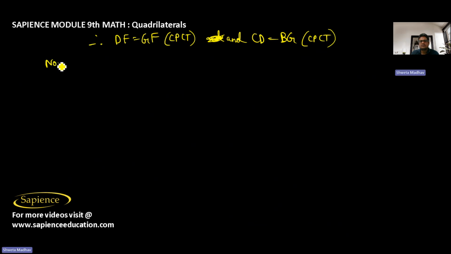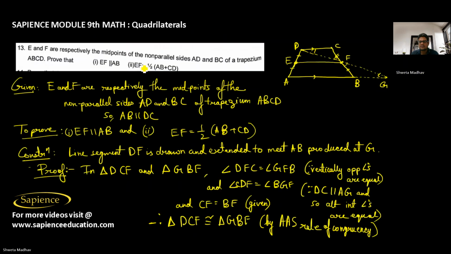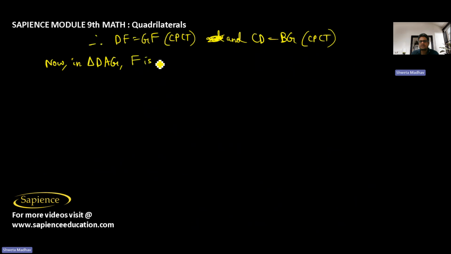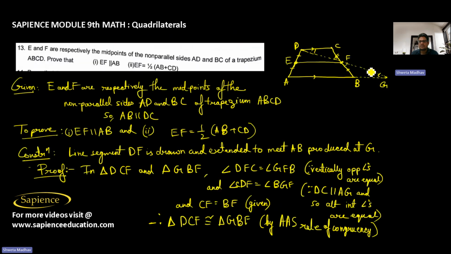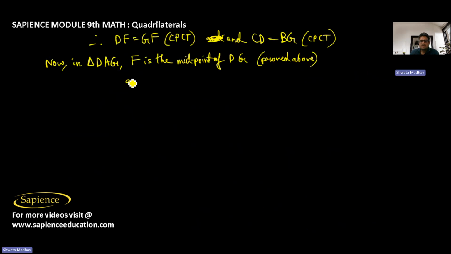Now in triangle DAG, F is the midpoint of DG, which is proved above, by DF equal to GF. And E is the midpoint of DA, which is given.